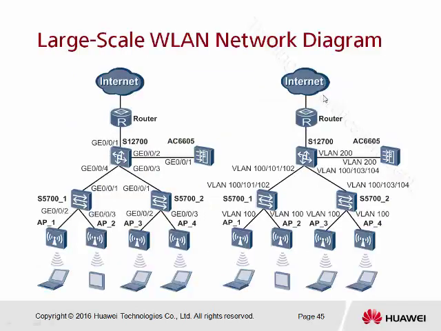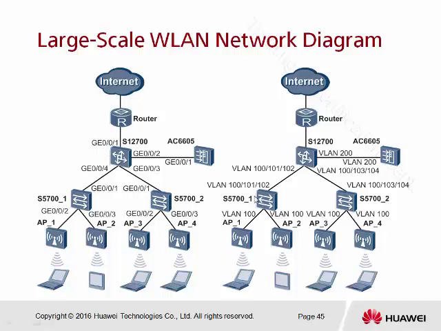This actually refers back to the previous slide. As you can see, this is the core switch, using model 12700. Just now I mentioned the AC is connected to the core switch here. Below here belongs to the access switch. Why do they use these two models? Because these two models are PoE switches, and they require PoE to power up all the APs.